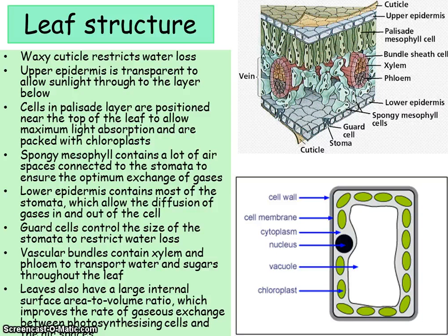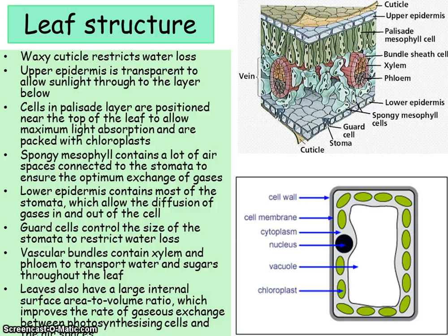So the lower skin, the lower epidermis, contains most of the stomata, and they're the gaps that allow the diffusion of gases in and out of the cell. Guard cells are the ones that actually control the size of the stomata to restrict water loss. And sometimes you'll find if a plant is really struggling and is losing too much water on a particularly hot day, then it could be that the guard cells actually close to protect the plant.